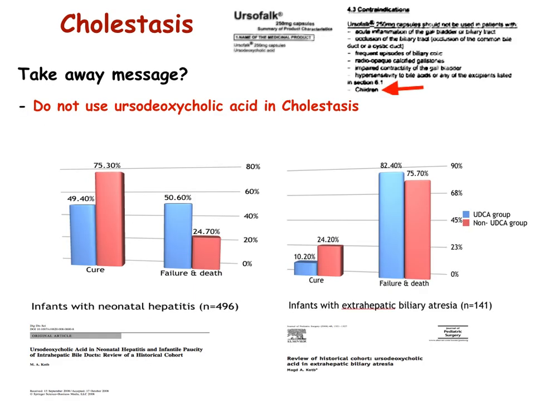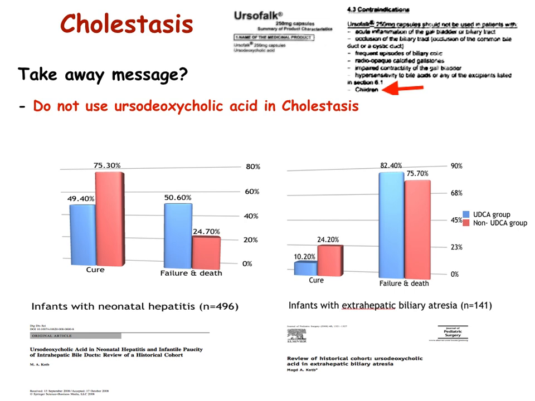Please take away this message. Never use ursodeoxycholic acid in cholestasis in children. First of all, because it's not licensed for use in children and it is contraindicated, because in infants with neonatal hepatitis and extrahepatic biliary atresia, and also in those with paucity of intrahepatic biliary radicals, it compromises chances of cure.